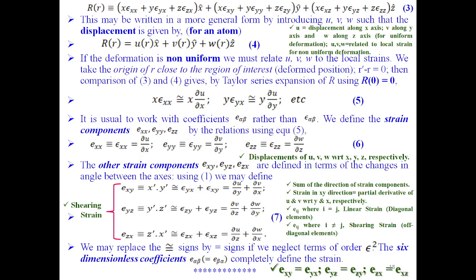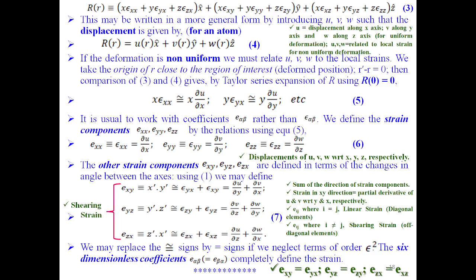That means the sum of the direction of strain components we have got, and strain in xy direction is equal to the partial derivative of u and v with respect to y and x respectively. As already discussed, the strain with mixed indices is equal to the sum of angles alpha and beta.